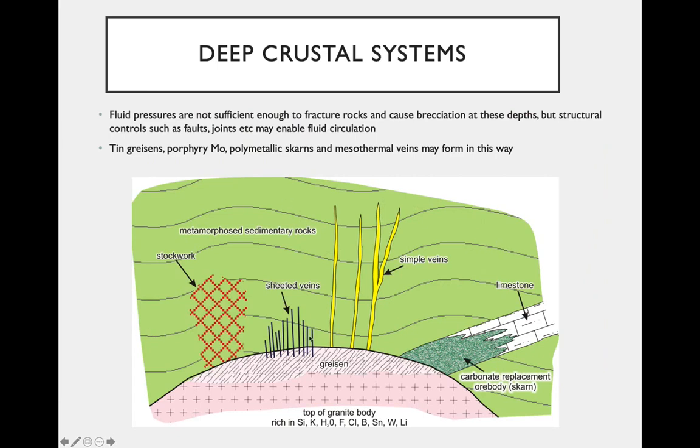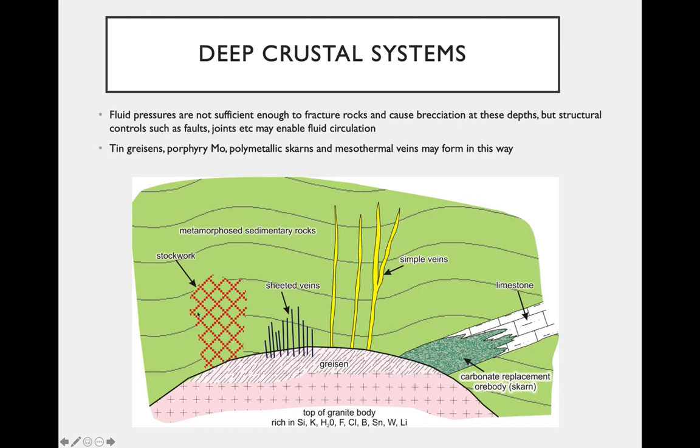So as we move deeper into the systems, away from the porphyry style, fluid pressures are lower, so we can't form massive brecciation or that style of the porphyry system, and instead we focus into structural controls like veining, where the vein actually breaks the rock through focused fluid pressures.